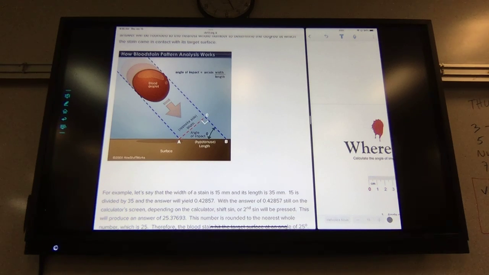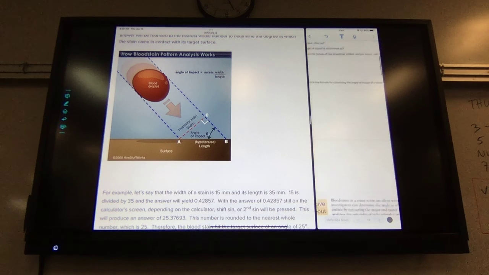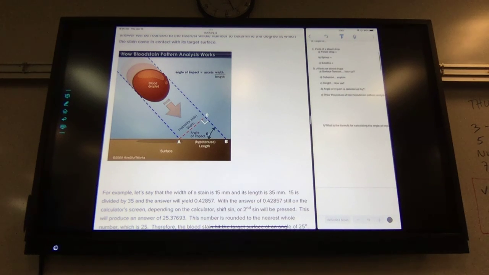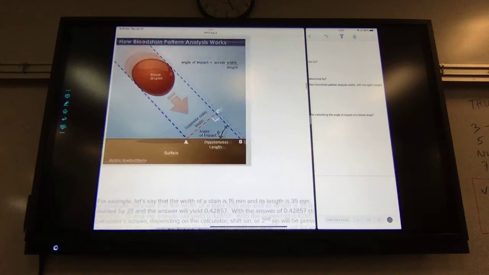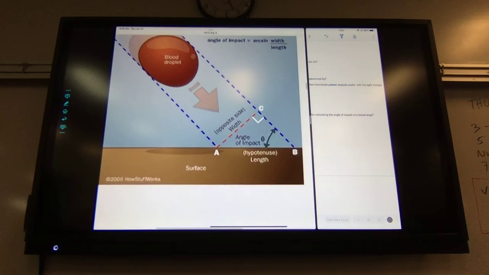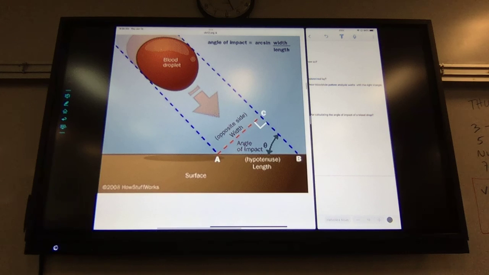So now we're on this question, letter D, subletter E. Draw a picture of how the blood pattern analysis works with the right triangle. So now sketch this out for that question.